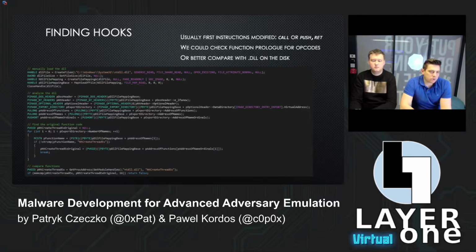Or even better, we could try to load the DLL from disk and then compare the stuff from disk with the actual function code in memory to see if it's different. If it's different, the function is probably hooked.